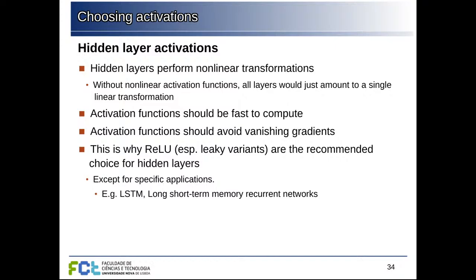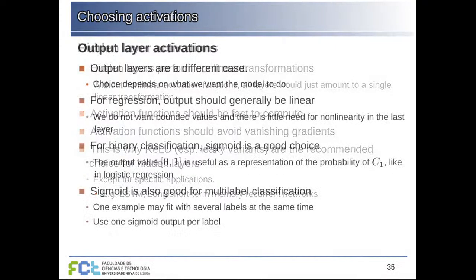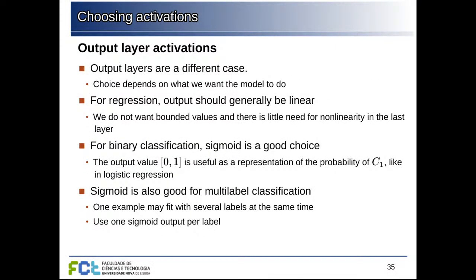Of course, this is for the hidden layers. Then we need the output layer for our network, and here it depends on the problem that we're trying to solve. For example, suppose that we are trying to solve a regression problem. We want to approximate the output values of our network to some continuous set of values that we have in our data set. In that case, we do not want to artificially bound the output of the network to some interval.